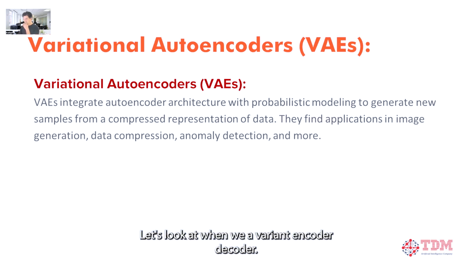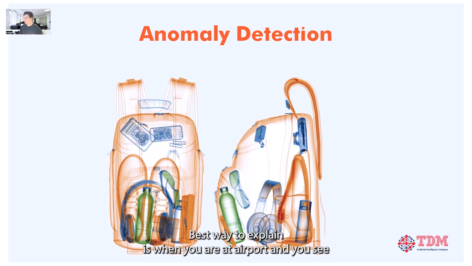Let's look at VAE, variational autoencoder, encoder and decoder. The best way to explain it is when you are at the airport and you have put something in your bag which the airport system does not like, and it detects that your bag needs to be rechecked.